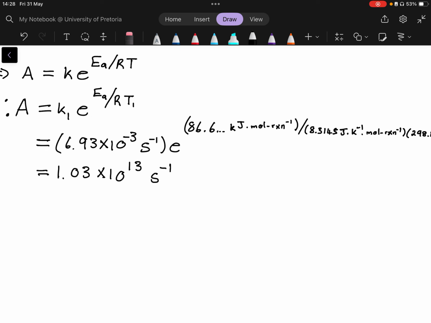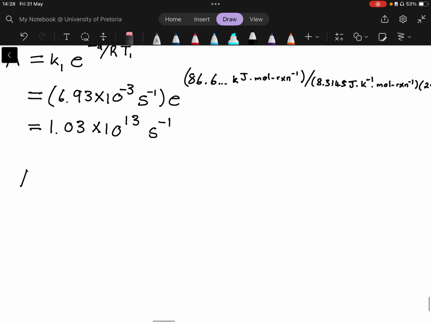And it's interesting. I mean, you see that's a massive value, right? Because A implies it is collisions per second. So, I mean, that's what the per second is. So it's so many collisions per second.